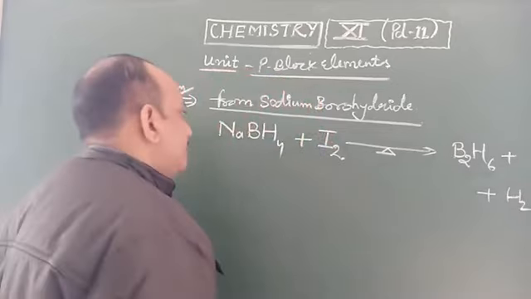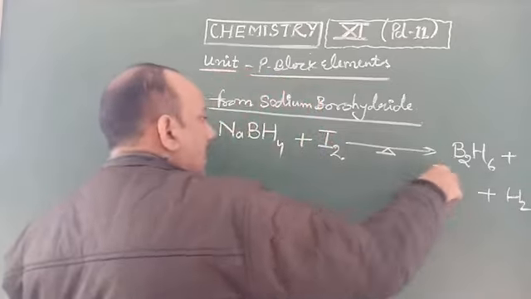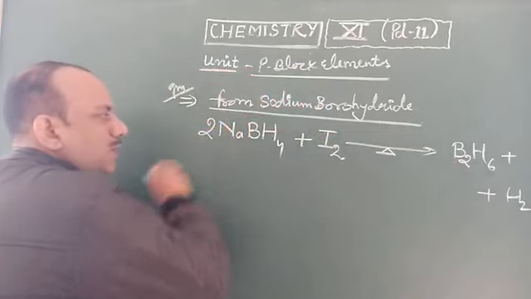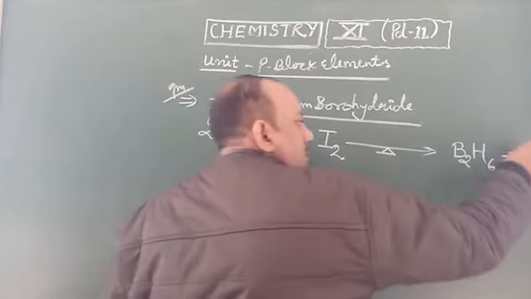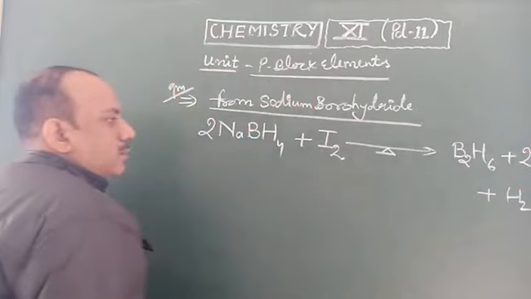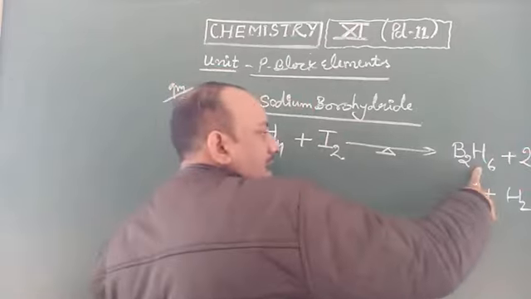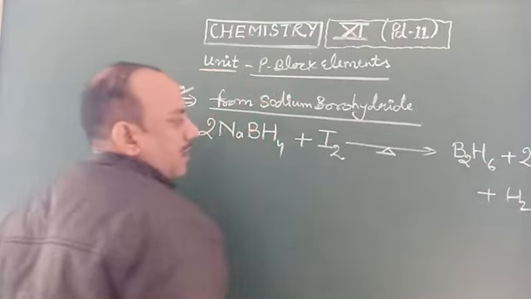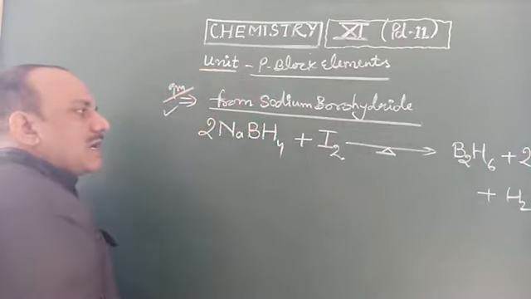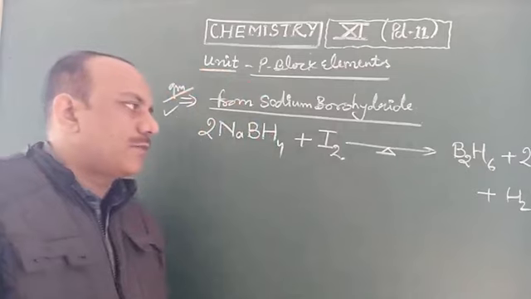For balancing, here boron atoms are 2, so 2. For sodium, 2. Then the total number of hydrogen atoms is 8, so 6 are here and 2 are here. This is the balanced equation of diborane formation.